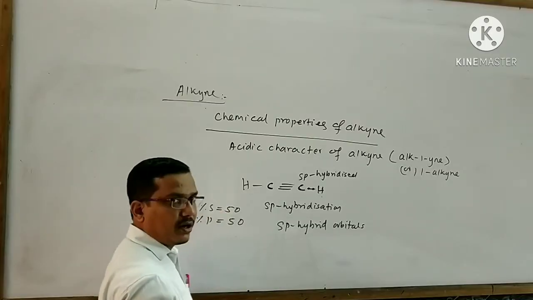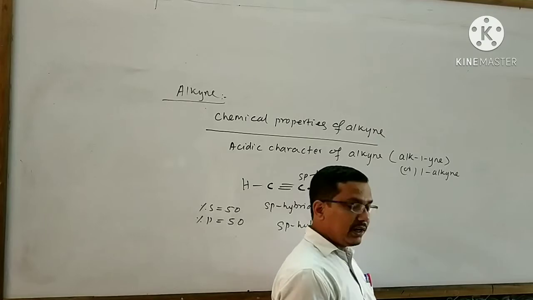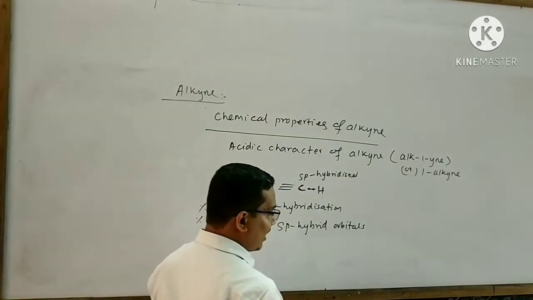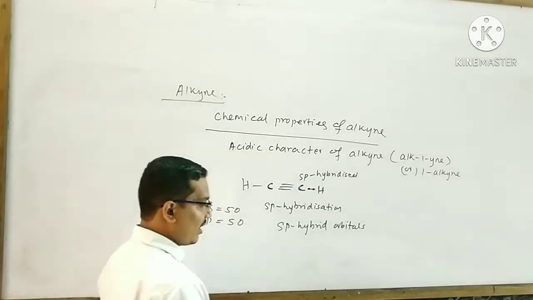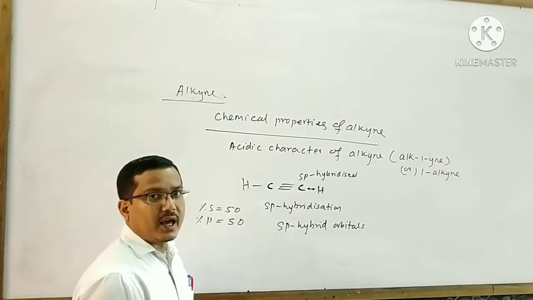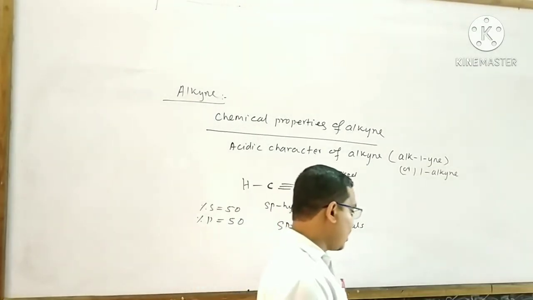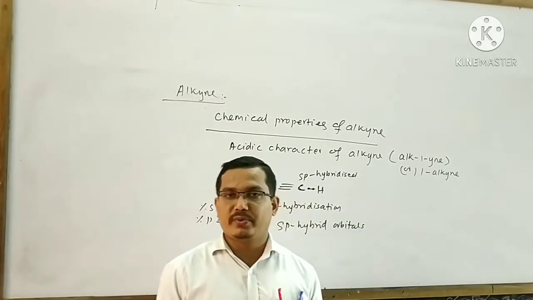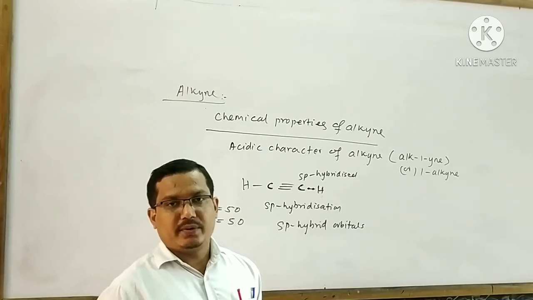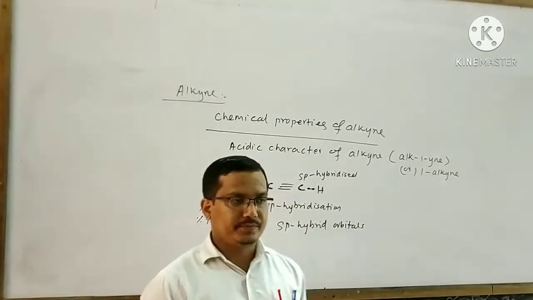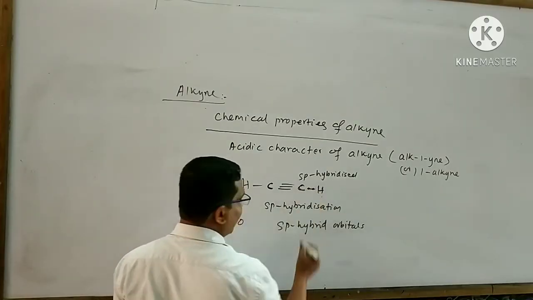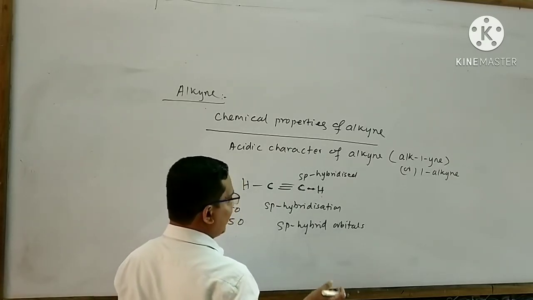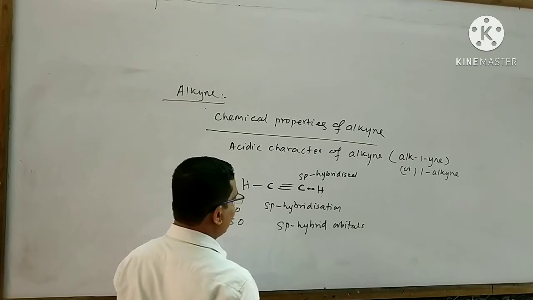Remember an important point: an electron in an s orbital is more tightly held than in a p orbital because s electrons are closer to the nucleus as compared to p, d and f orbitals. Here the s character is more, that means the electrons are present closer to the nucleus.